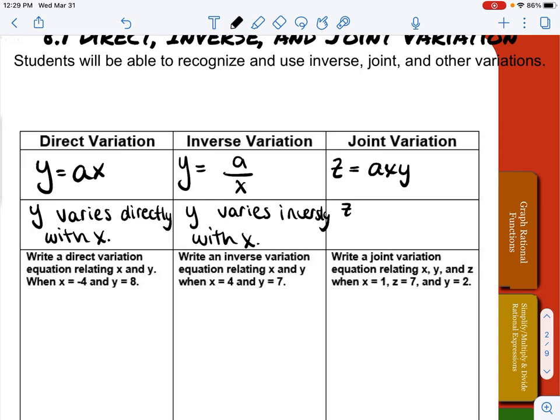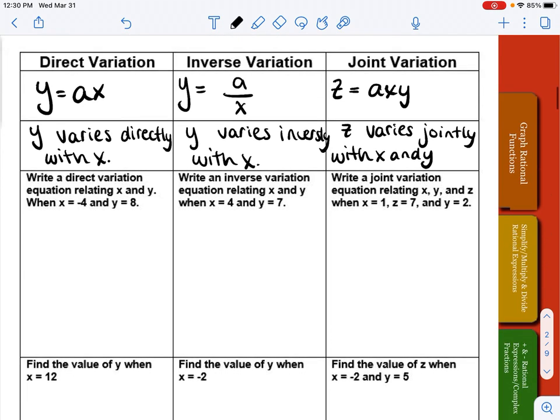And this is z varies jointly with x and y. Now, this probably doesn't make too much sense so far because we just have 3 different equations, but we'll see how each of these works.